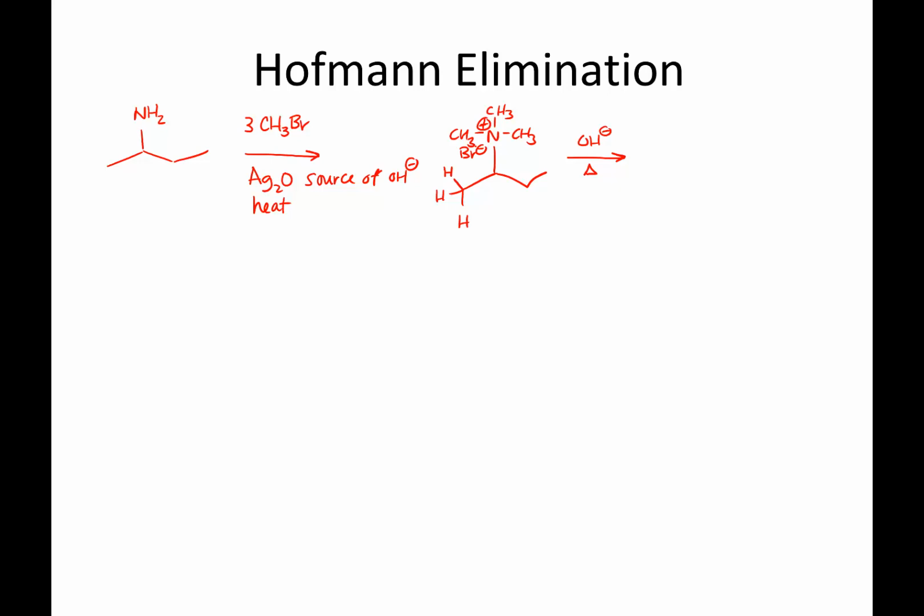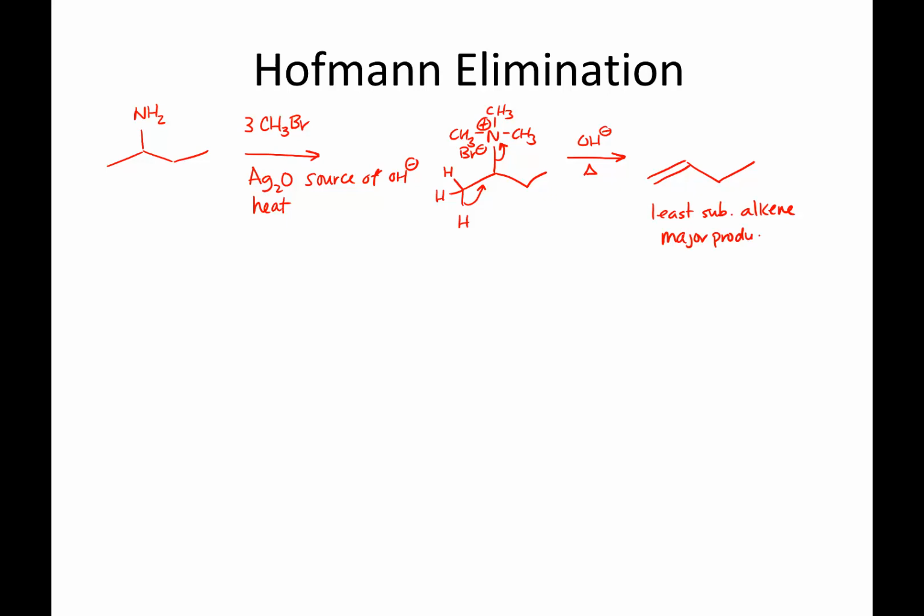So to form the major product, I am going to lose the H+, and I'm going to lose the amine as the leaving group, and I'm going to form the double bond on the least substituted carbon. I'm going to form the least substituted alkene as the major product.